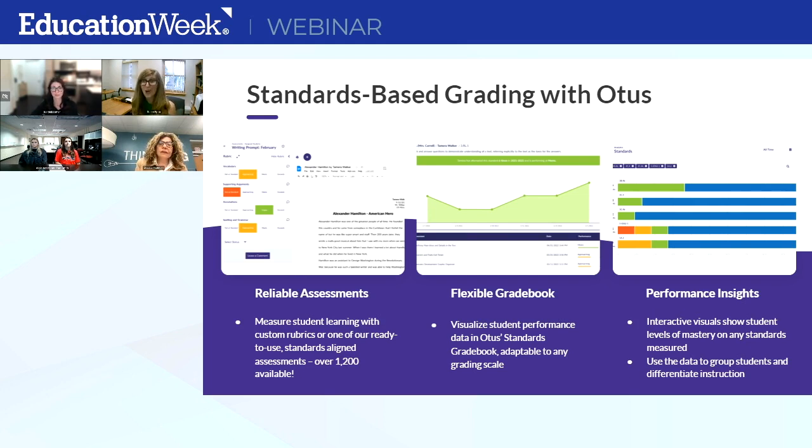We have a ways to go with engaging our families around that, but hopefully by the time report cards come around, because we use Otis to share out the report card, it won't necessarily need to be a big time frame for families, because they're in on a regular basis, understanding where their kids are at. So that's how we've been using it.